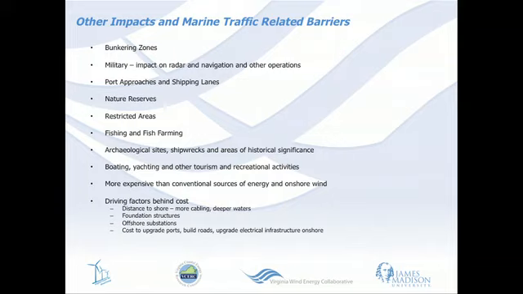And the same applies to port approaches and shipping lanes. It wouldn't be a very good thing to design a wind turbine that would be too close to a shipping lane, because there's potential for impact, which would likely cause damage to either the turbine or the ship itself.